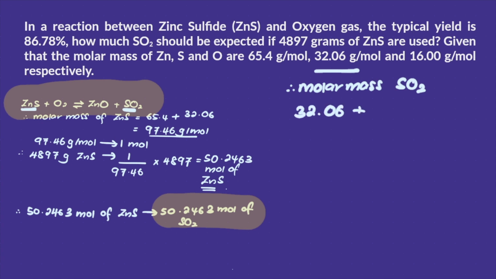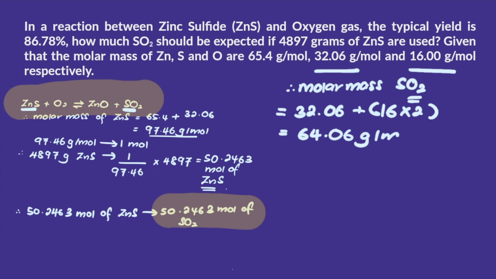You need to add oxygen, which is 16, but since you have 2 here, 16 times 2. So you should get the molar mass of sulfur dioxide equivalent to 64.06 grams per mole.